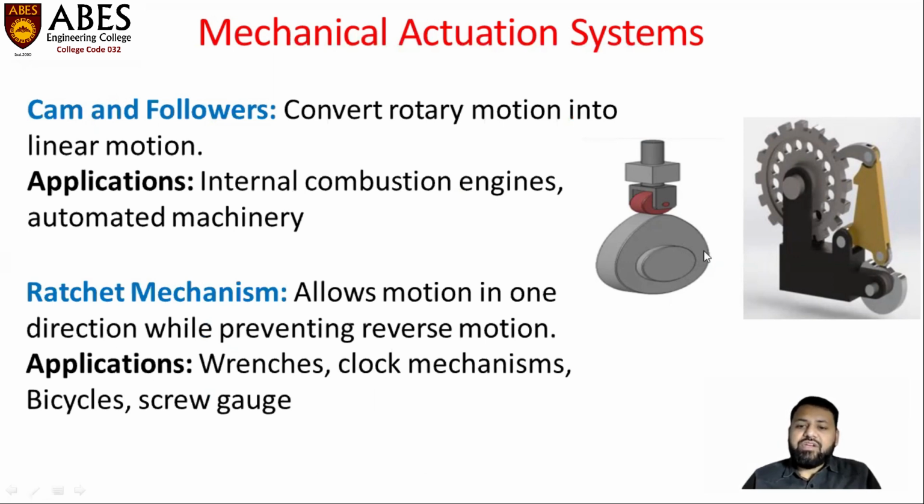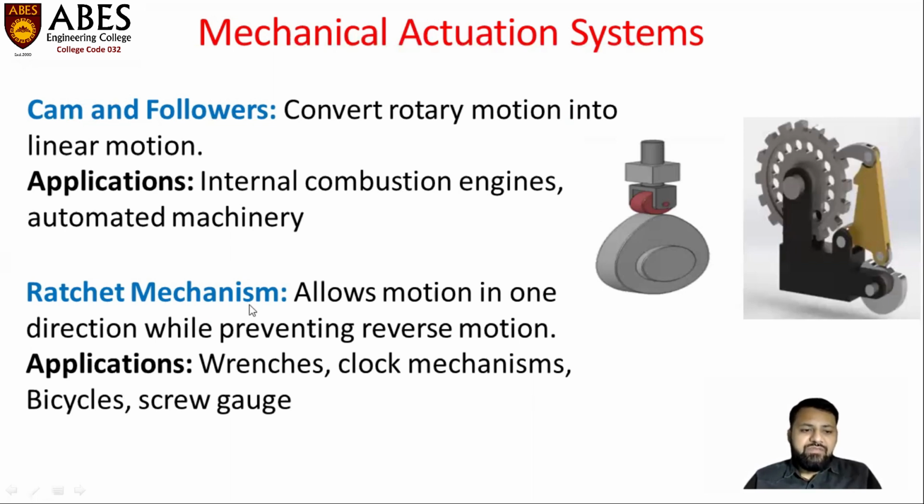When the cam rotates and comes in contact with this lever, it provides a linear motion to it. This is the follower, and this is the cam. So when the cam is rotating, it provides linear motion to the follower. These devices can be easily seen in internal combustion engines and different kinds of automobiles, basically used for opening and closing of the valves.